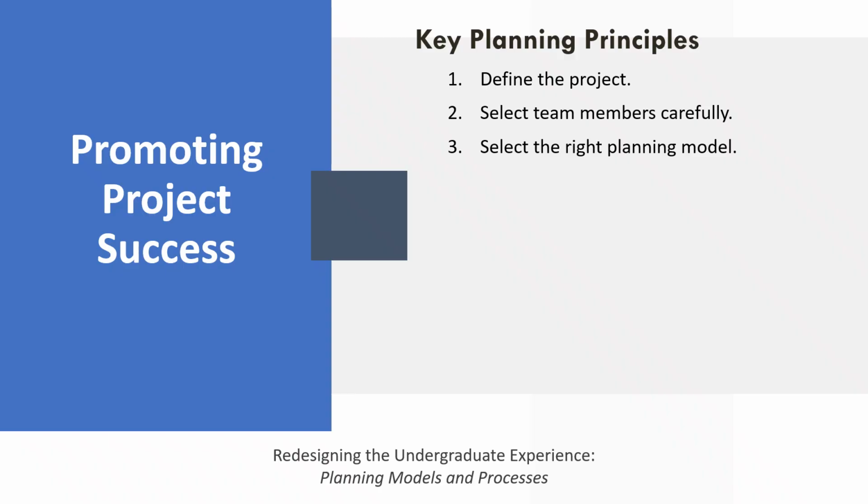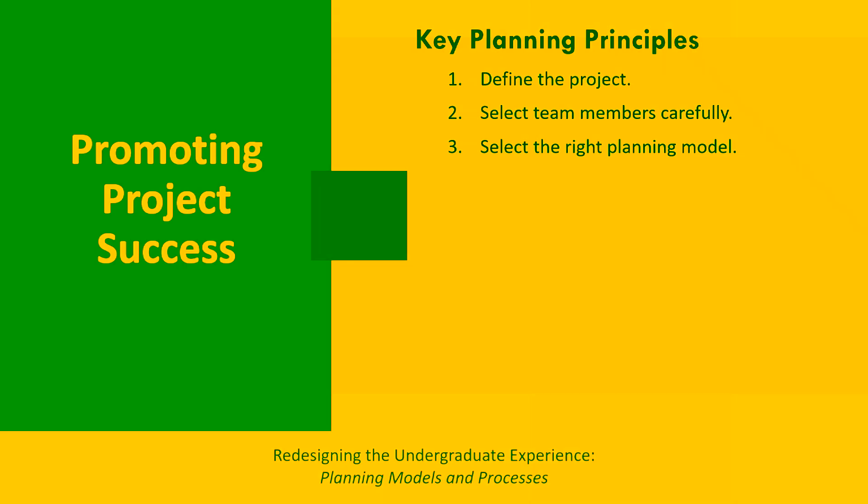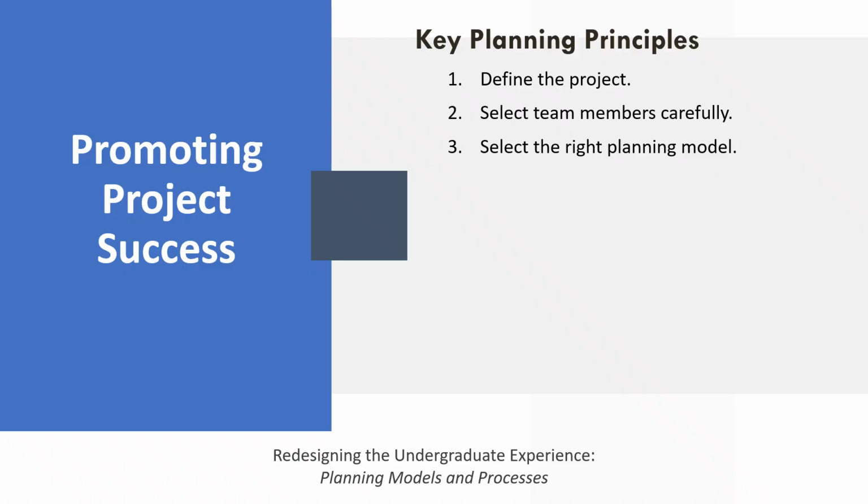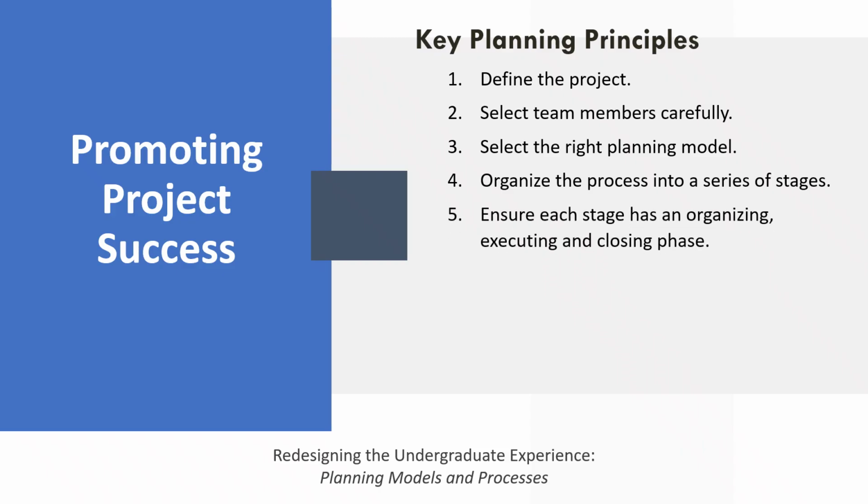Select the right tool for the job by selecting the planning model that will help campus leaders effectively and efficiently achieve project goals and desired outcomes. 4. Organize the planning process into a series of stages with distinct goals and desired outcomes. And 5. Ensure that each stage of the planning process includes a kickoff meeting where previous work is shared, followed by an organizing phase, executing phase, and closing phase.